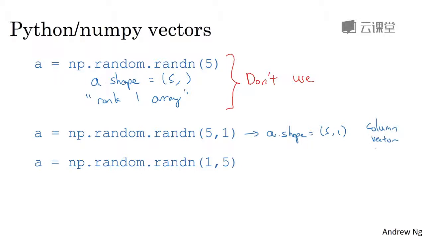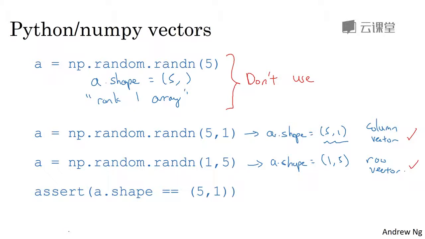And that's why you can think of this as a 5 by 1 matrix or as a column vector. And here, a.shape is going to be (1,5), and this behaves consistently as a row vector. So when you need a vector, I would say either use this or this, but not a rank 1 array.